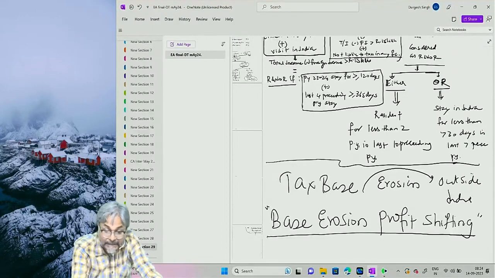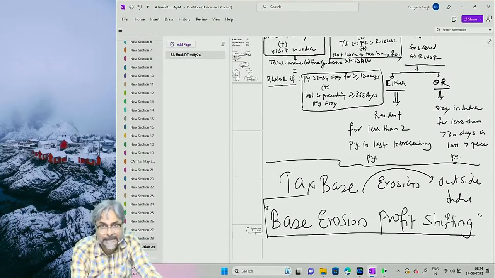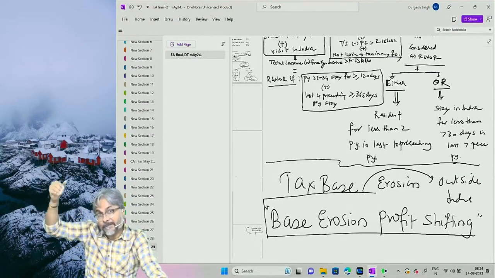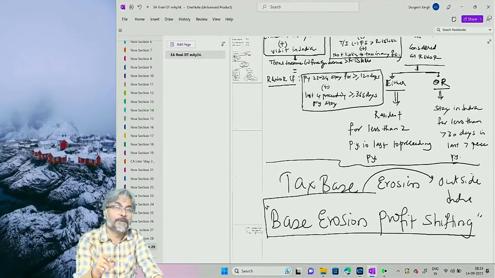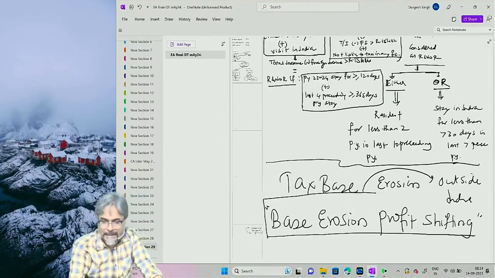And accordingly, students, this has become a very critical part. Hence, to check this base erosion and profit shifting, section 9 has been introduced, which speaks about what? Income which is deemed to accrue or arise in India.